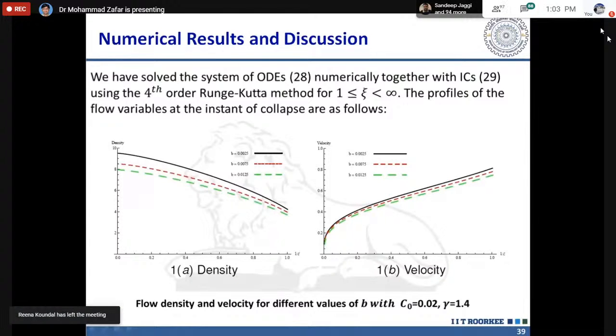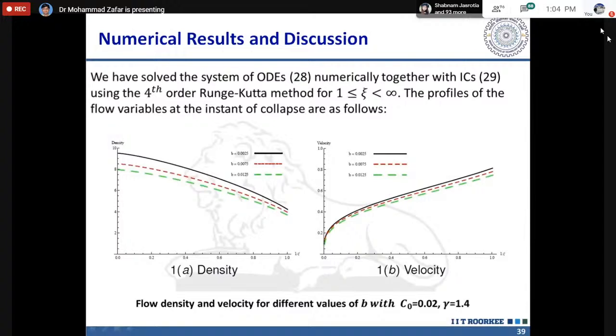As J is increasing from 1 to infinity, density is increasing, and when B is increasing, density is decreasing. B is black for the lowest value, 0.025.